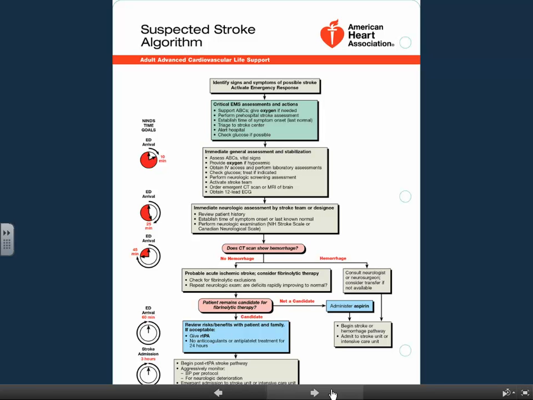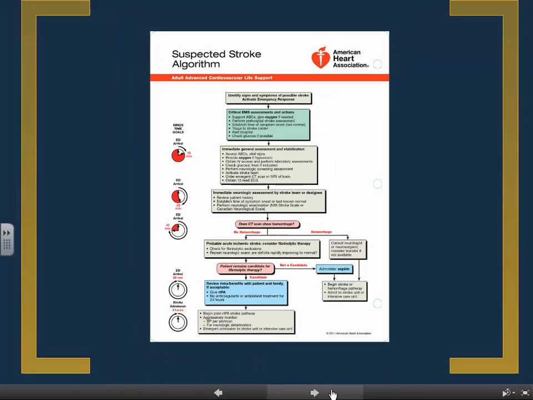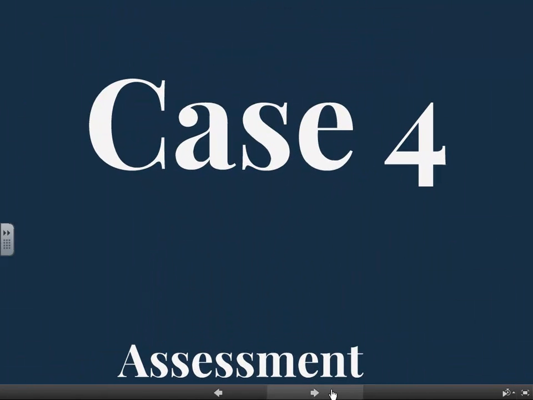Fibrolytics. All right? So I'm not going to get real deep with this algorithm. But another thing that you have to do if you're working in Alabama and you've got an obvious stroke, or even not so obvious stroke, so that you don't get in trouble, is what? Call the stroke center, which is just the trauma center.